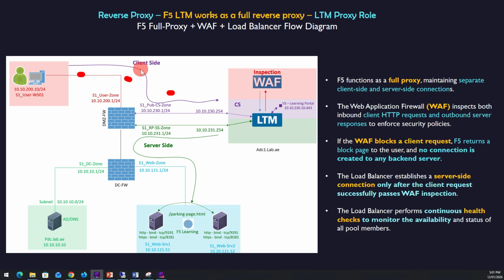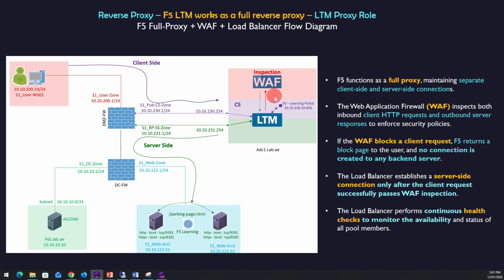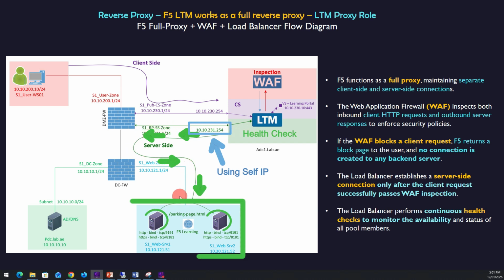If the WAF blocks the client request, then F5 returns a block page to the user and no connection is created to any backend server. The load balancer establishes a server-side connection only after the client request successfully passes the WAF inspection. The load balancer performs continuous health checks to monitor the availability and status of all the pool members.